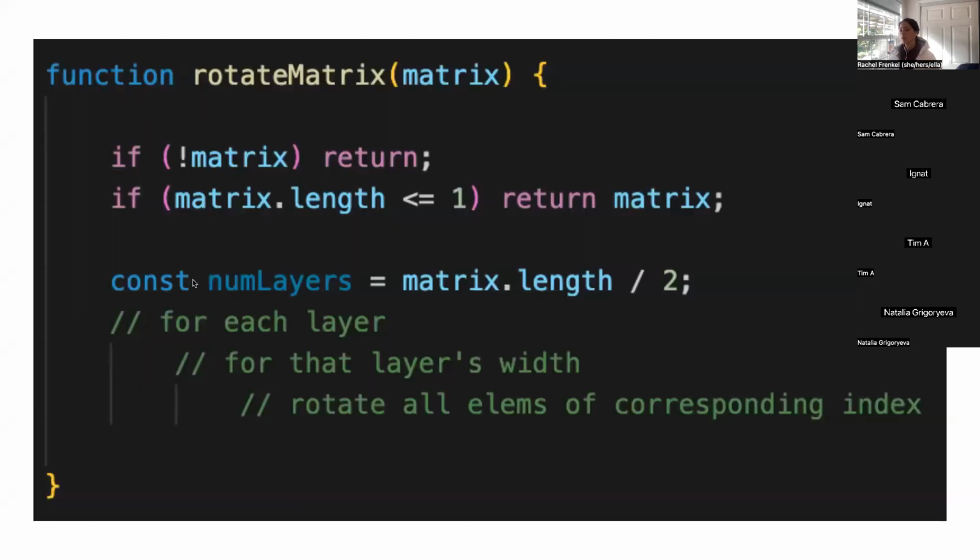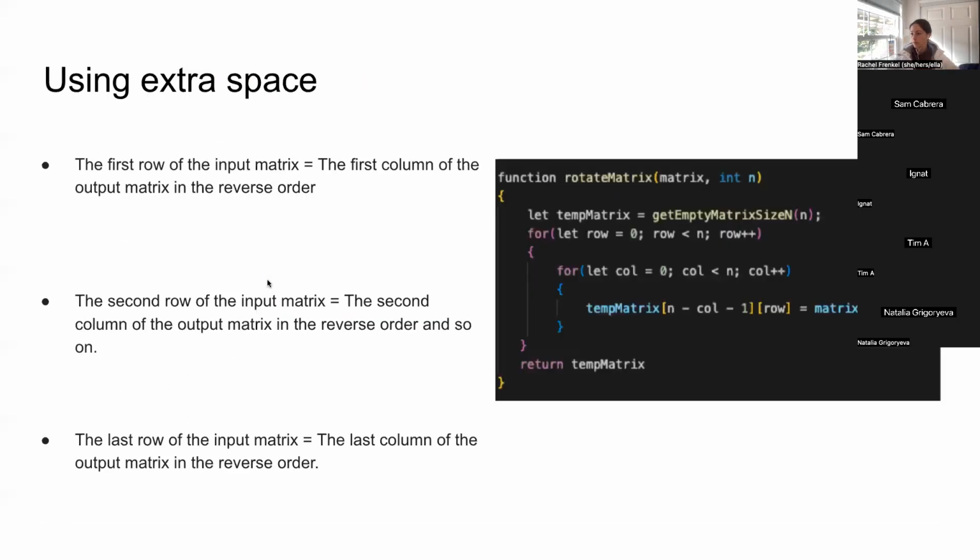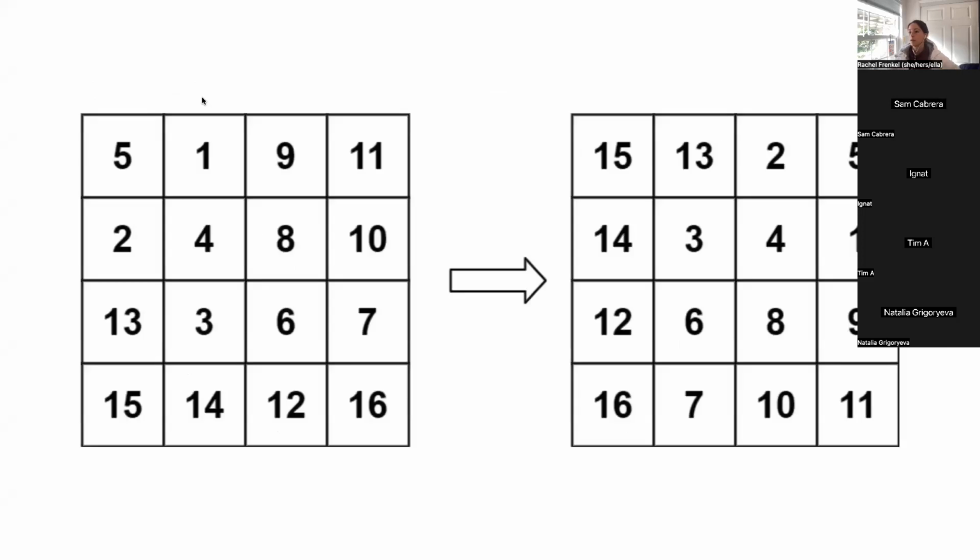Okay, so here we go. I'm calculating this early just to help us with our loop. So now we're going to say, for each layer, for the width of that layer, oh, interesting, I forgot I did it this way. Basically here we're doing it slightly differently. For each layer, for the width of that layer: here's a layer, and the width is 4.